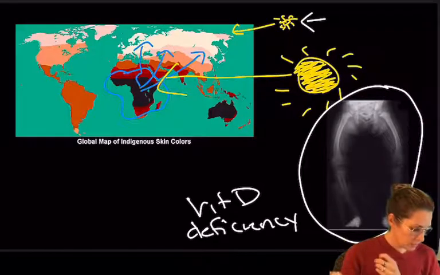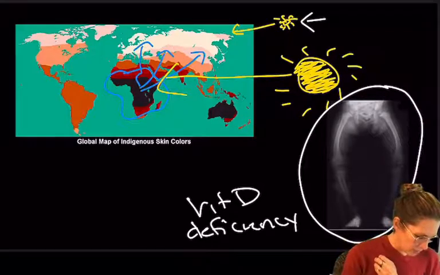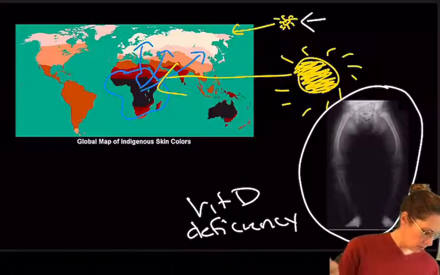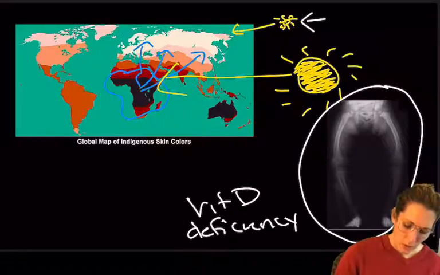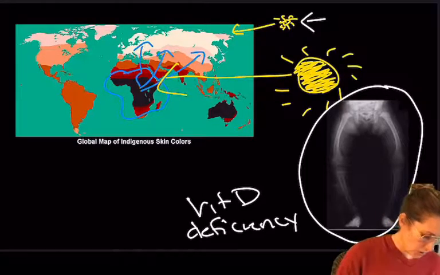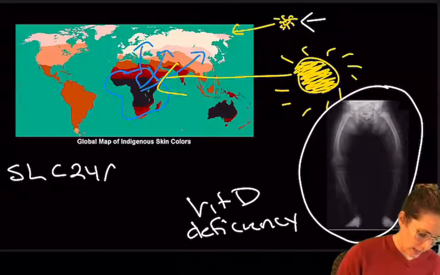I want to make sure I get when this happened. There was a mutation that occurred. I don't think I know when. Sometime after this migration, a mutation occurred in a gene called SLC24A5.